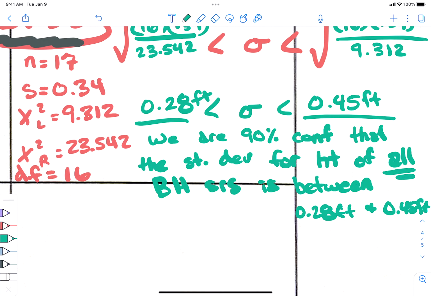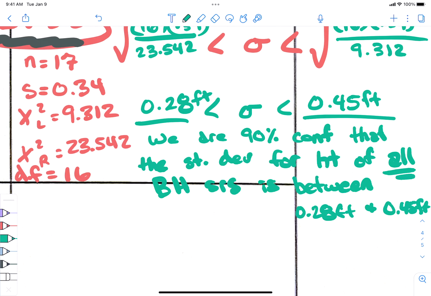That's a lot of information. We are 90% confident that if we would survey all of the seniors at Blue Hill, the standard deviation of your heights would be between 0.28 and 0.45. Good? Are we getting better at this?